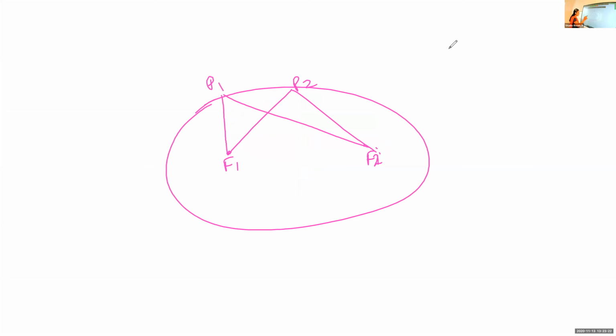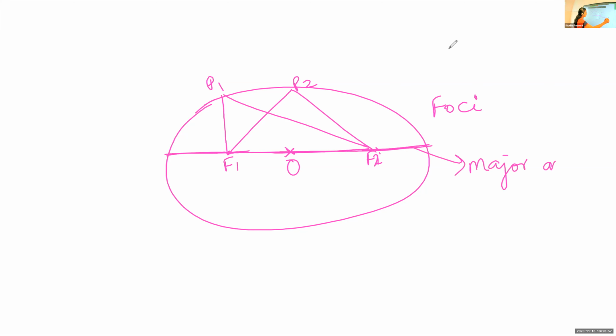Next, we join F1, F2. The midpoint of the line segment joining the foci, we call it the center of the ellipse and denote it as O. If you extend this line, the line passing through the foci, we call it the major axis.